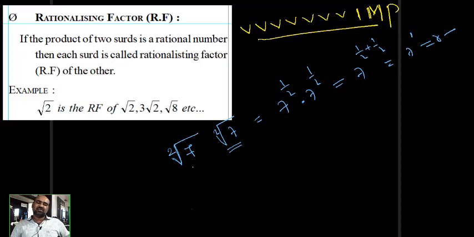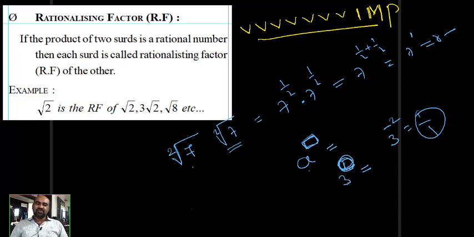Students, listen. A rational number to an integral exponent is a rational number. Already A is a rational number, power some natural number, then I can say that is a rational number only. 3 power 1 by 2 is not a rational number, but 3 power 2 is. Sometimes a negative integer also gives a rational number, 3 power minus 2 is 1 by 9, rational only.